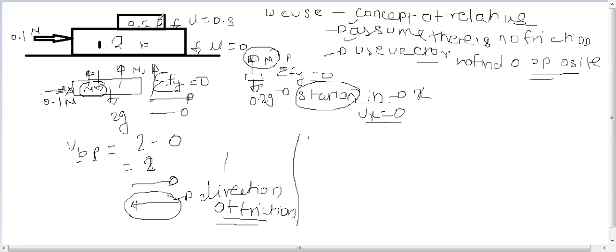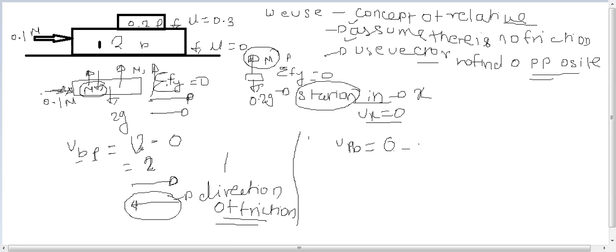Okay, this pen P. So I have to find relative velocity of this pen with respect to this block, of mass 2 kg. So velocity of pen with respect to B will be velocity of pen, 0, minus velocity of block.